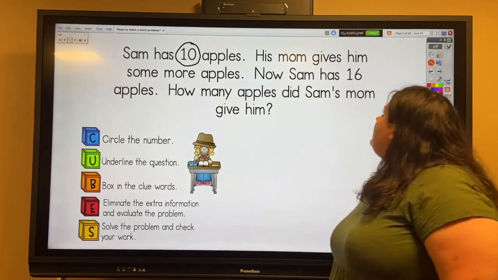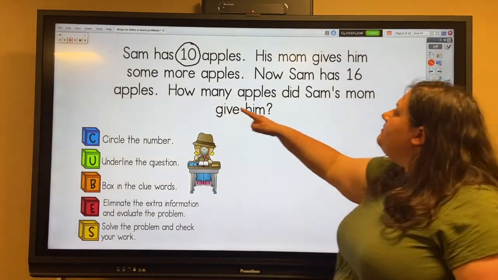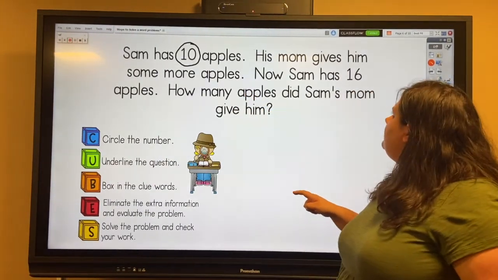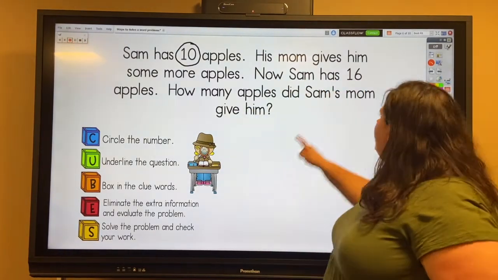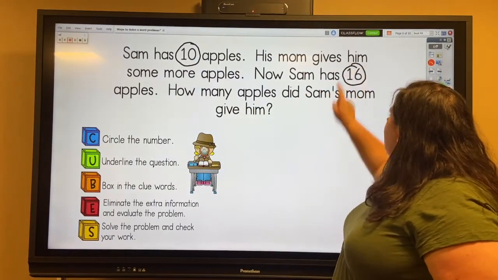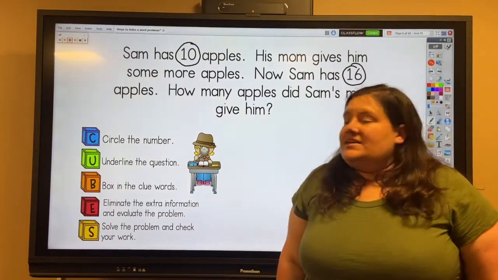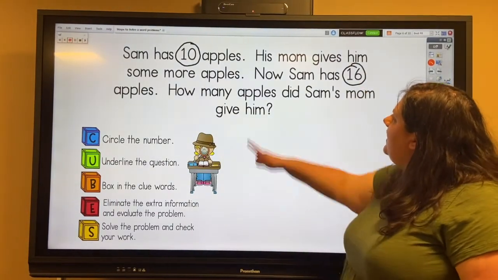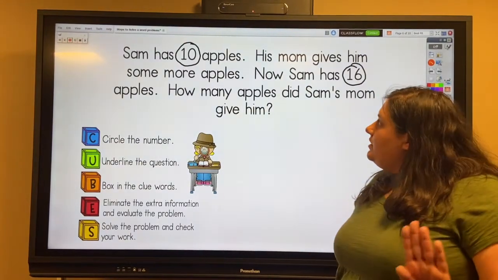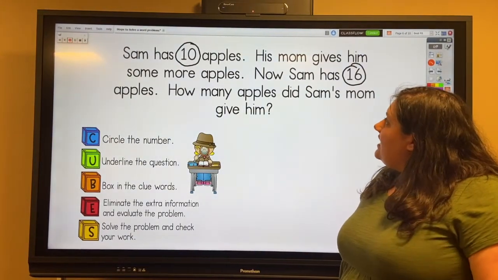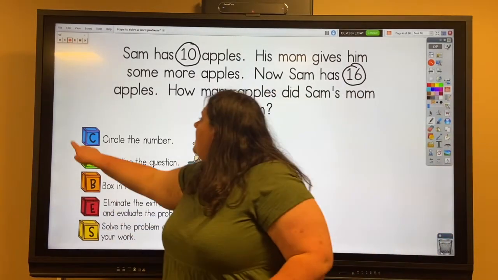His mom gives him some more apples. No numbers there. Now Sam has 16 apples. Well, there's the number 16. I'm going to go ahead and circle the number 16. All right, how many apples did Sam's mom give him? All right, there's no numbers in that one, so I'm finished with C.